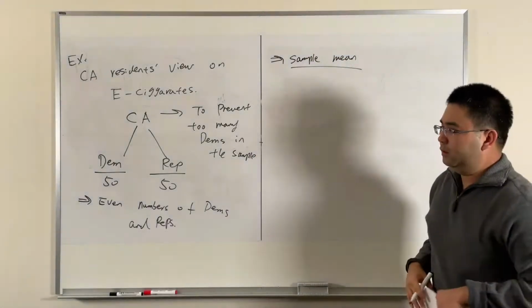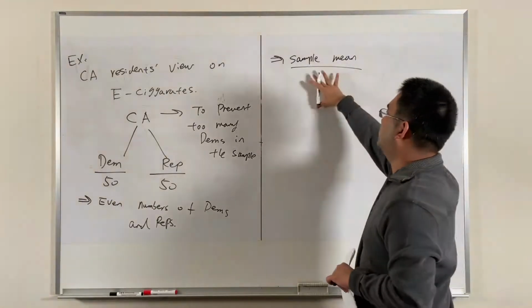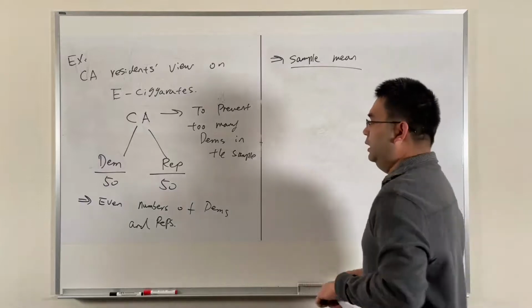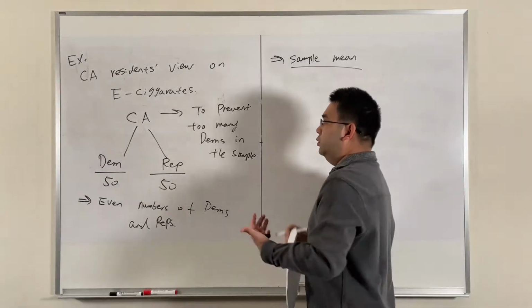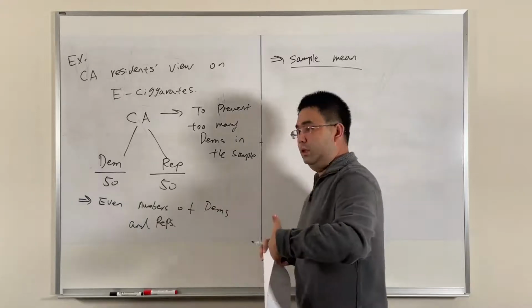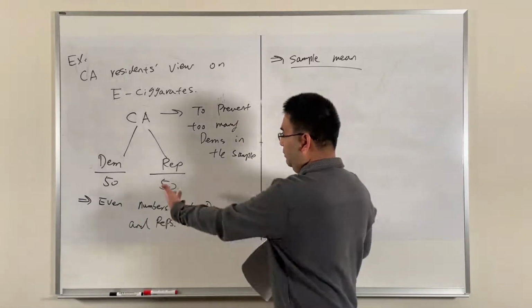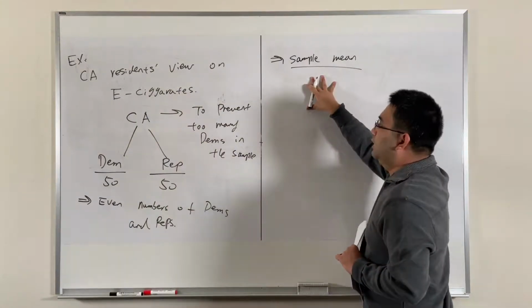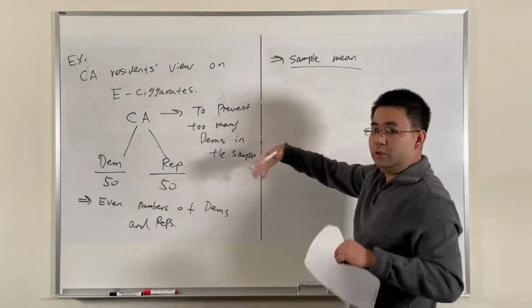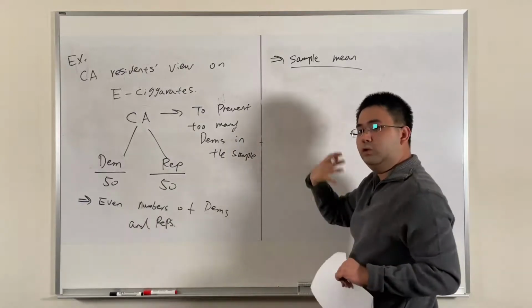However, once we're done with the sample mean step, we'll have to make adjustments, because in our population, we in fact have more Democrats than Republicans. So once we've collected the sample and gotten the sample mean, and we want to use it to estimate the whole population's view, we need to make adjustments.